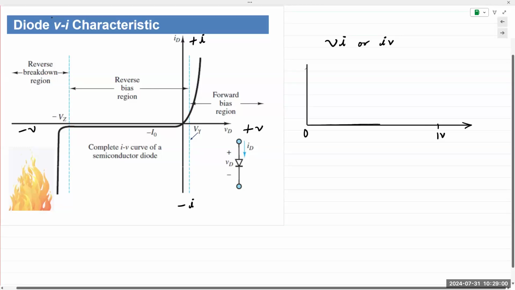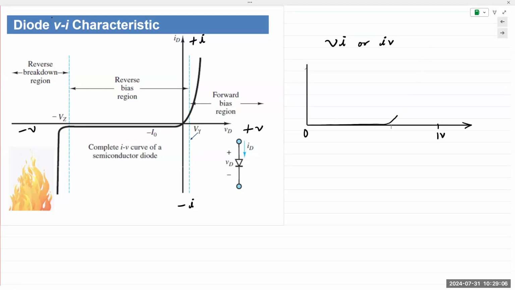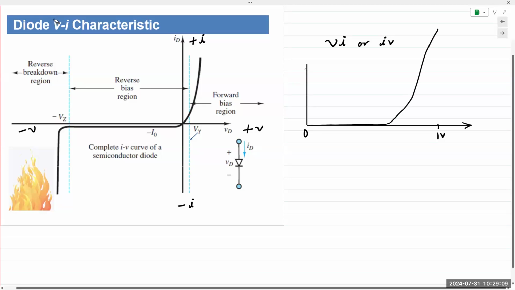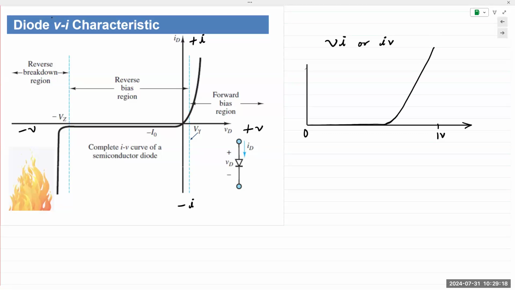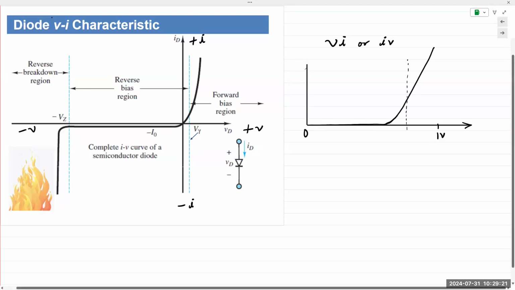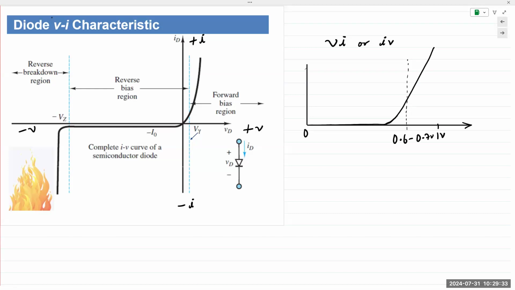Because of the depletion region, until we get to approximately here, which is about 0.6 to 0.7 volts, that's where the standard depletion region is overcome. Remember, when we bring the P and N junction together, there is a depletion region that forms at the junction.